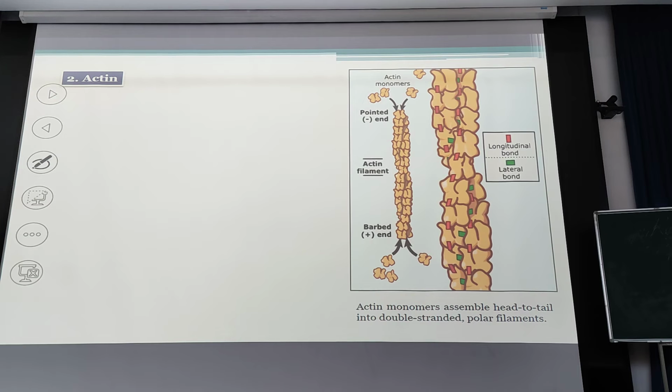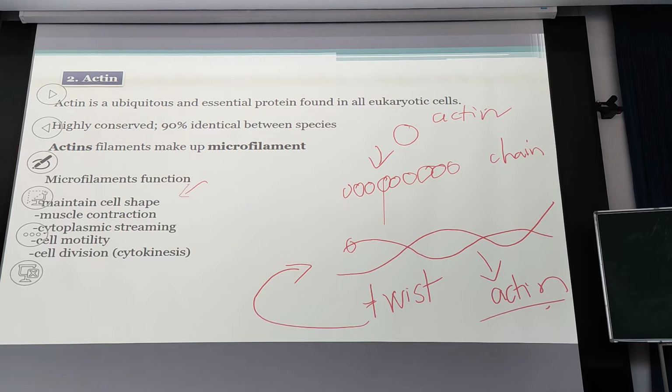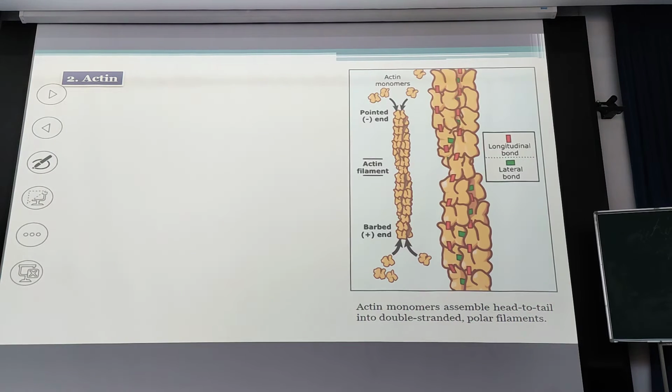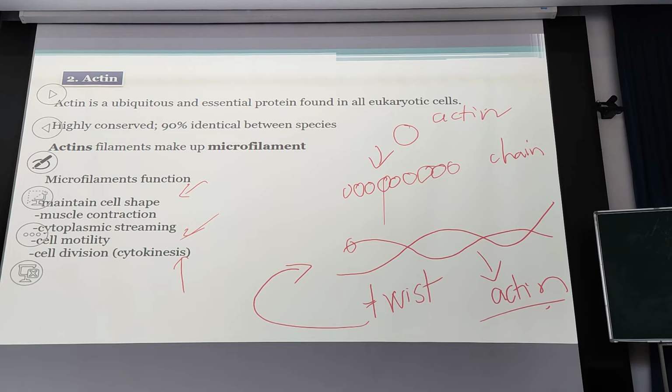And their functions are to maintain the cell shape, cell motility, cell division, and so on. Here are the actin monomers polymerizing into the filament, with a diameter of 8 nanometers.